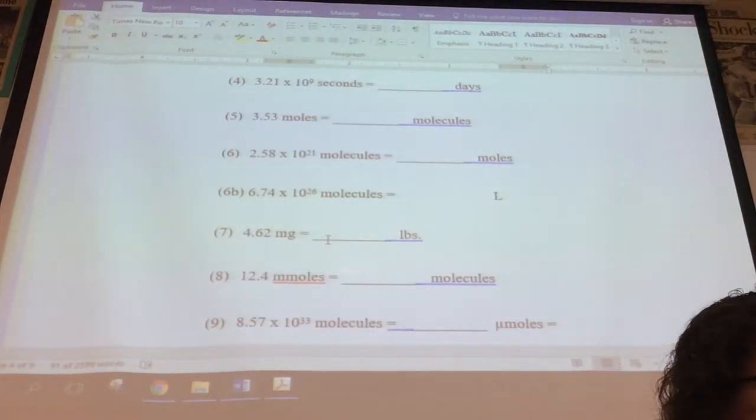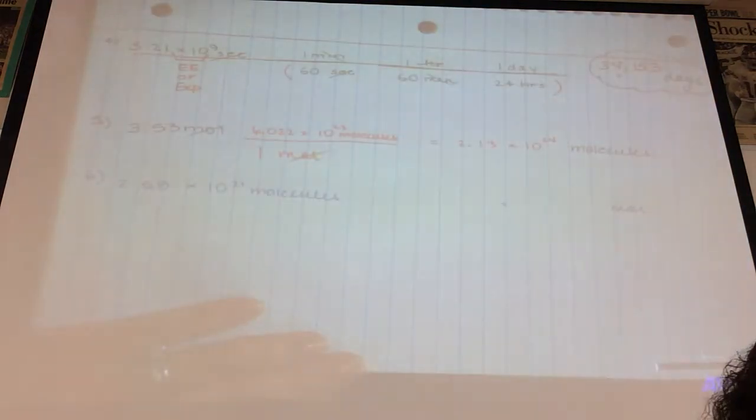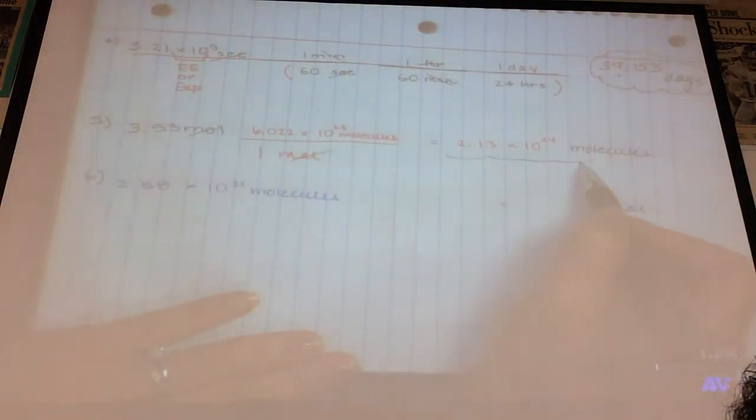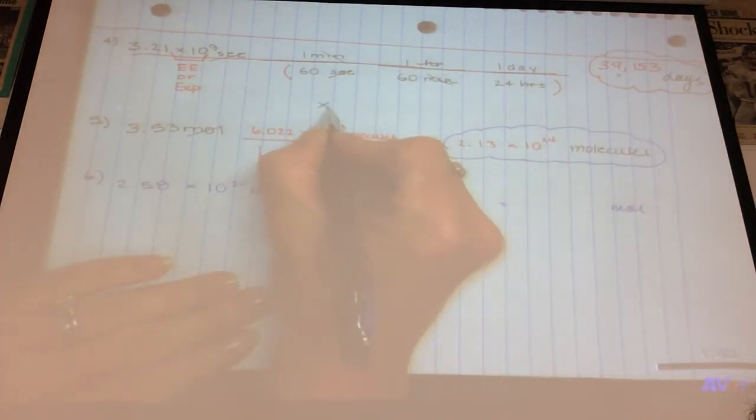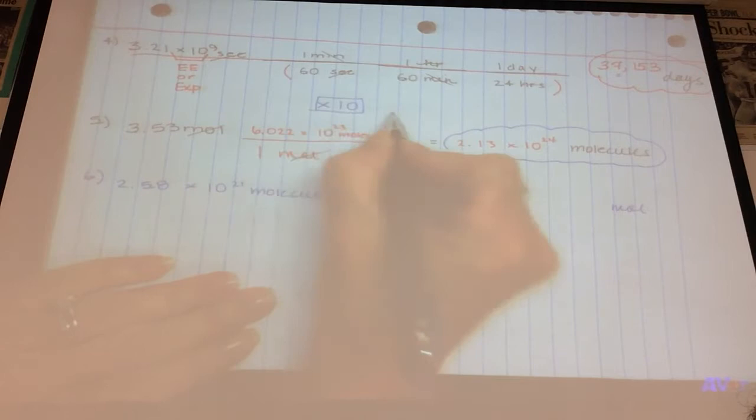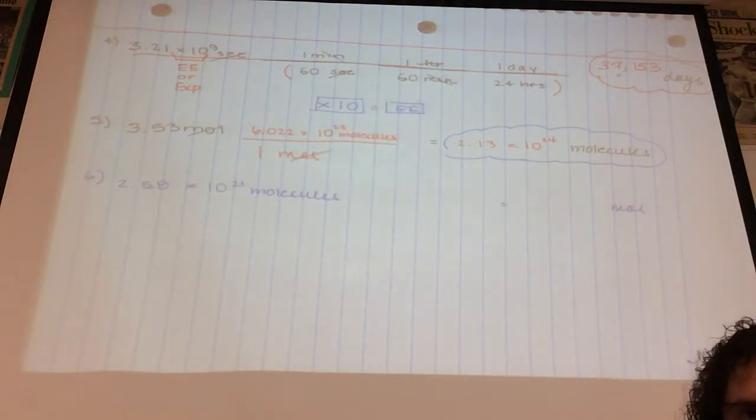How'd we do on 5? The answer to 5 is right here. And don't forget, instead of times 10, we're going to use that EE or EXP button depending on your calculator.